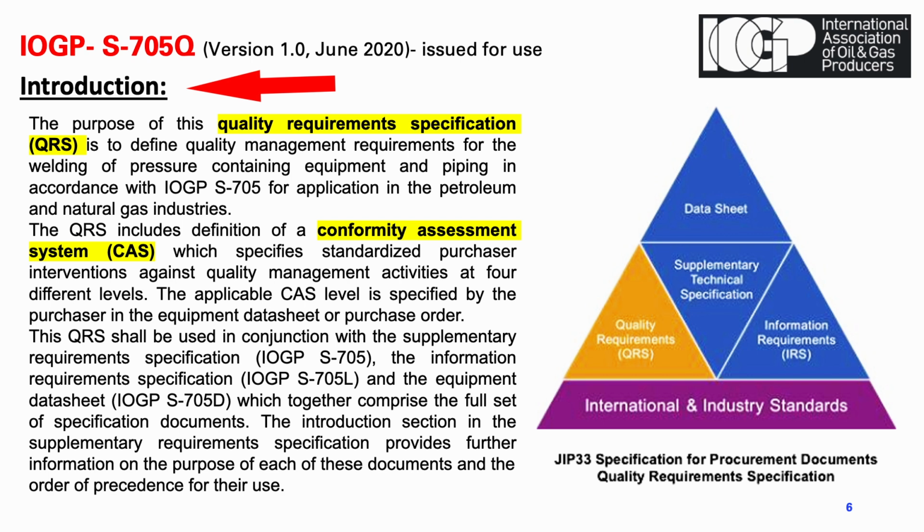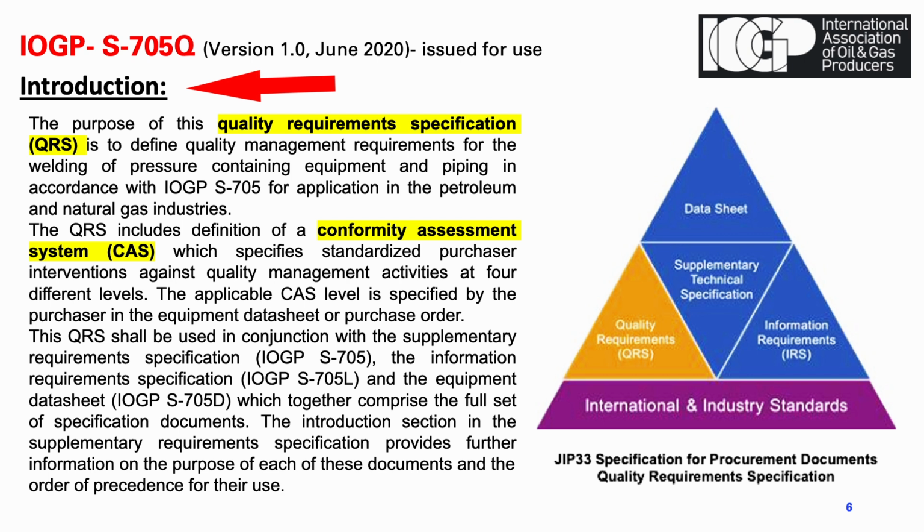QRS includes definition of a conformity assessment system, which is CAS, which specifies standardized purchaser intervention against quality management activities at 4 different levels. The applicable CAS level is specified by the purchaser in the equipment data sheet or purchase order.